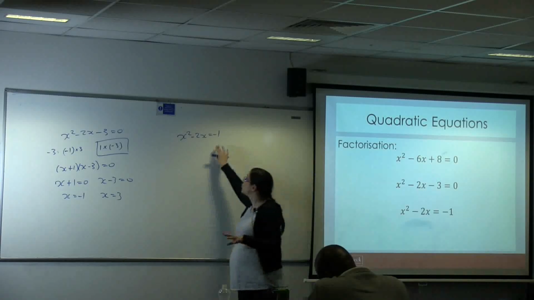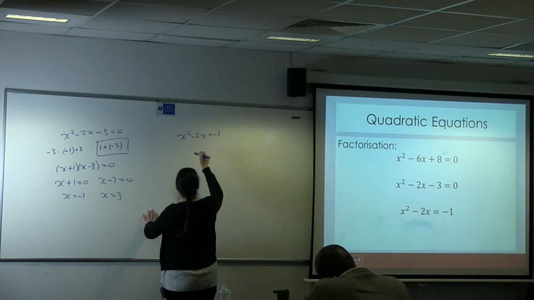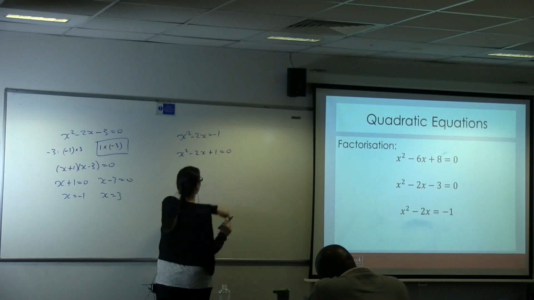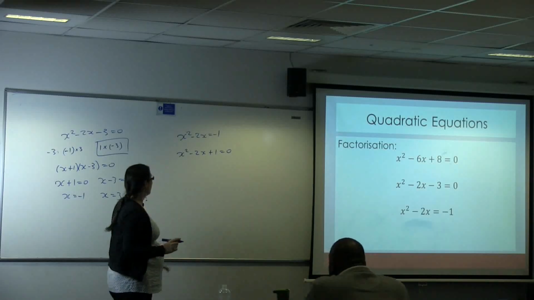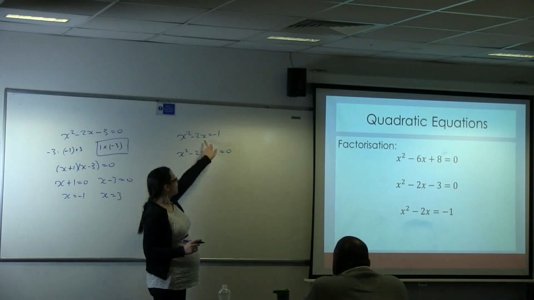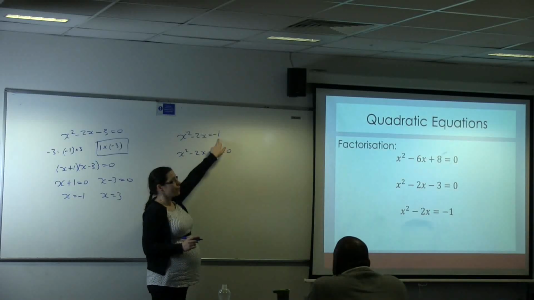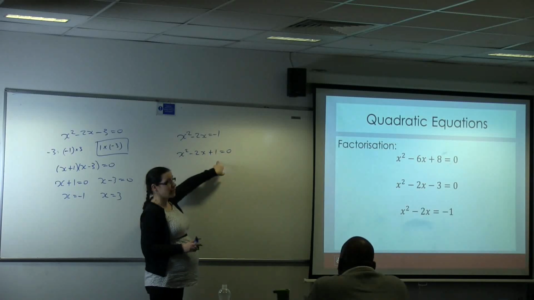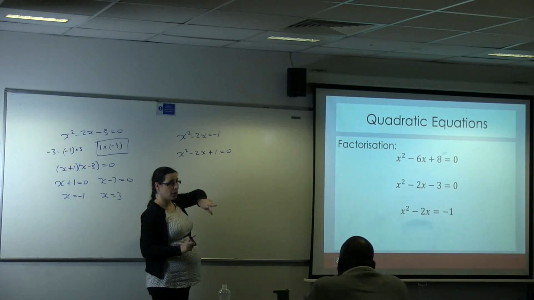So the -1 has to be moved to the other side. And why it's important is because depending on which side the constant term is, it will have different signs in front. And that sign is very important for me to decide what the multiples will be.